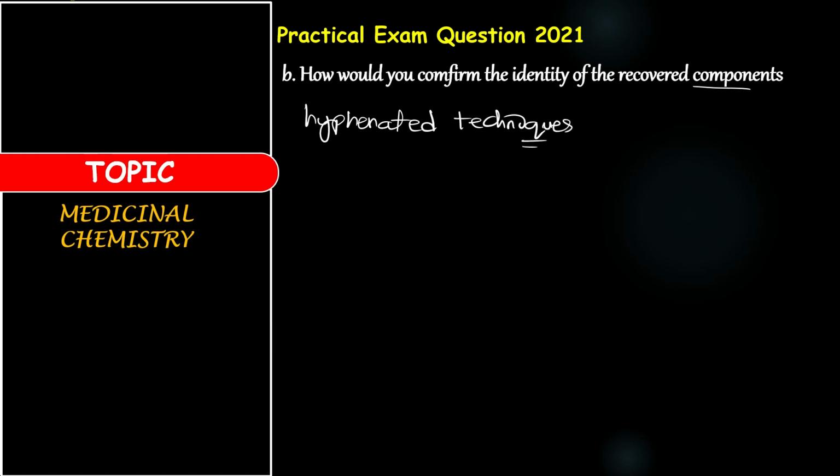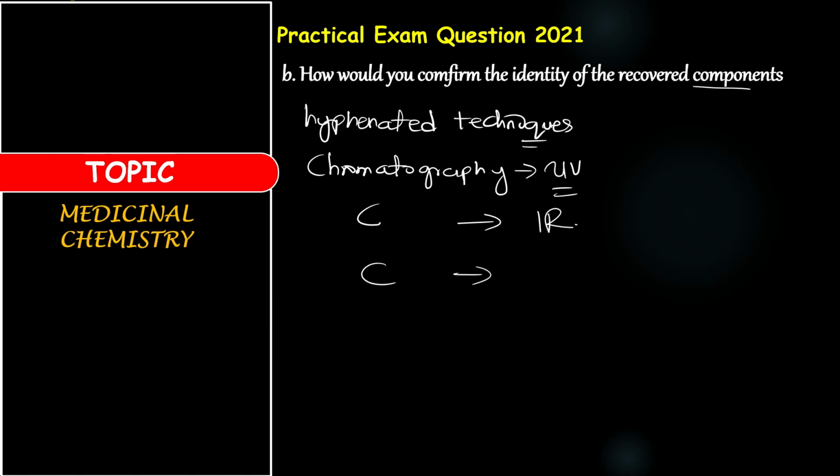Now these hyphenated techniques include chromatography coupled with UV, chromatography also coupled with IR. That is the hyphenated techniques we are talking about. Chromatography coupled with mass spec. Chromatography coupled with NMR. Alright? All these ones will actually help you to identify the organic compound by the use of hyphenated techniques.